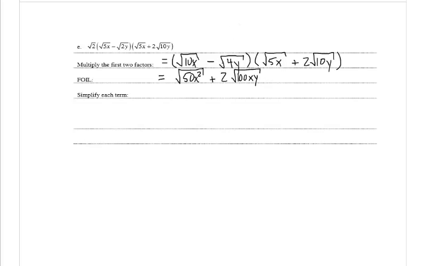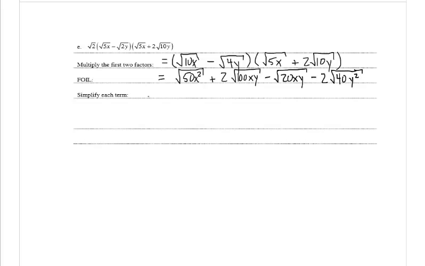And then we have negative square root of 4y times the square root of 5x, which is minus the square root of 20xy. And then we have negative square root of 4y times 2 times the square root of 10y, which is minus 2 times the square root of 40y squared.